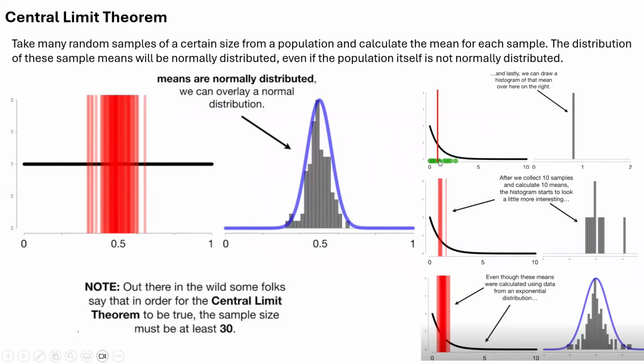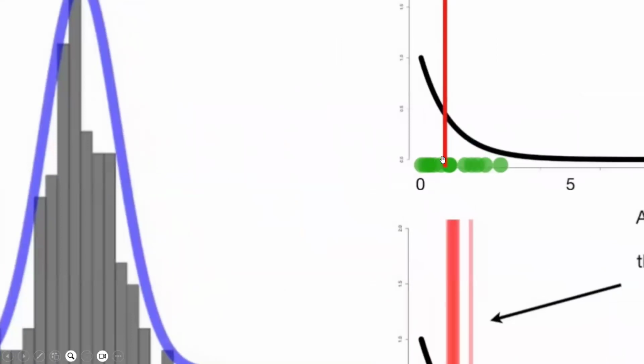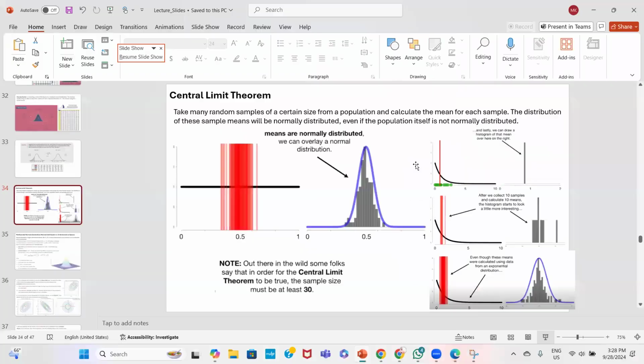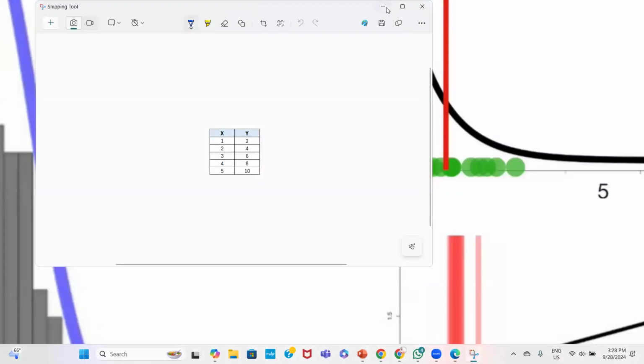So let's say these are the data points, right? They are all overlapping each other. If you look at the data points here, they are more dense, right? Are you able to see my screen? Yes. They are more dense here.